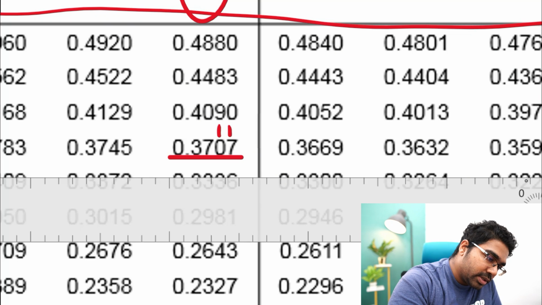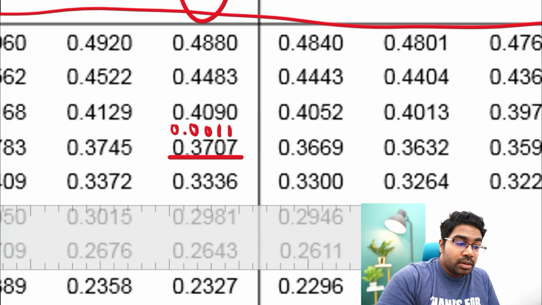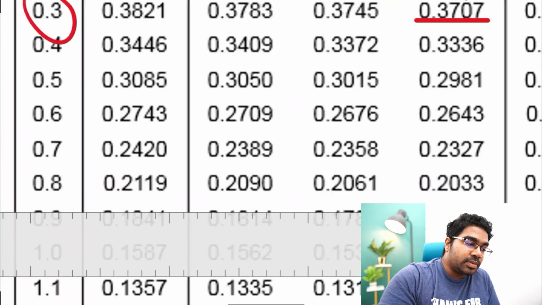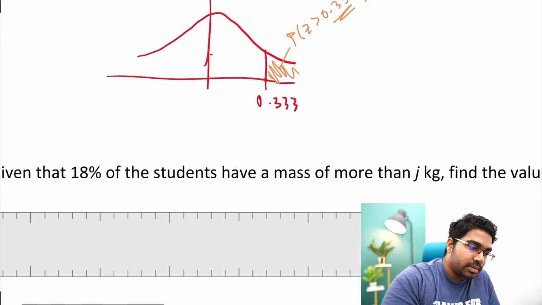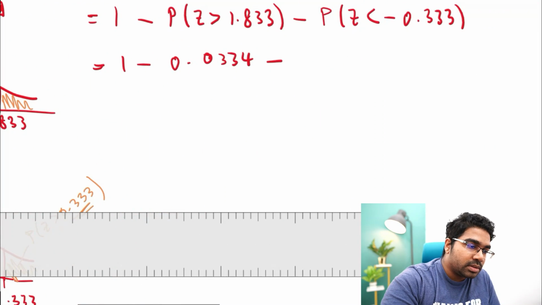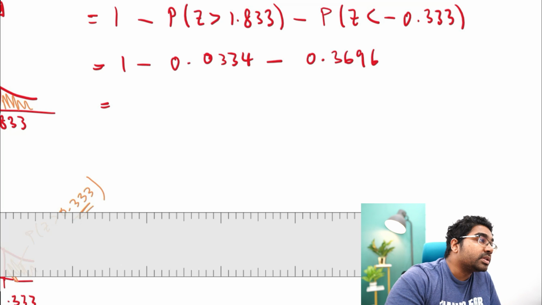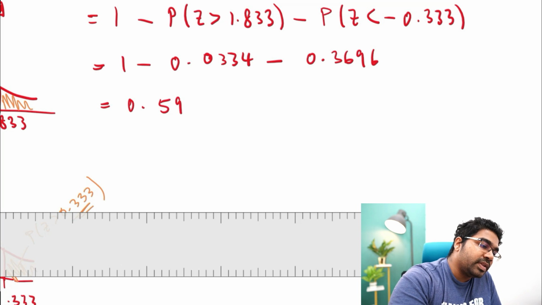So it's actually 0.0011. So 0.3707 minus 0.0011. So the value that you will get here is 0.3696. So the answer for this question is 0.597.